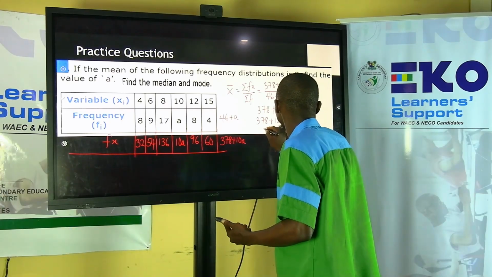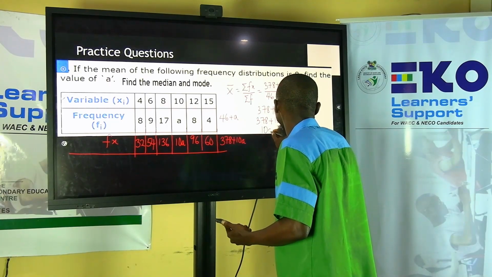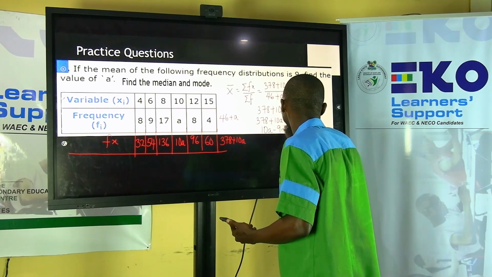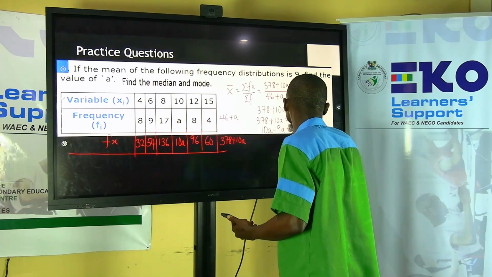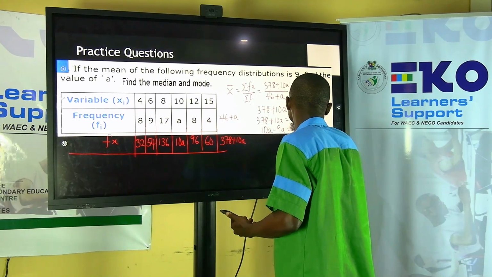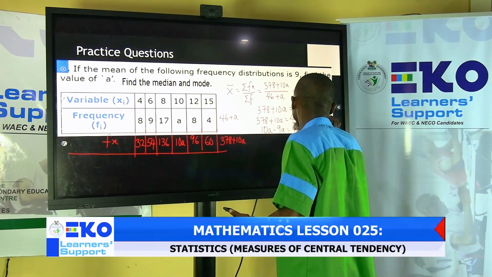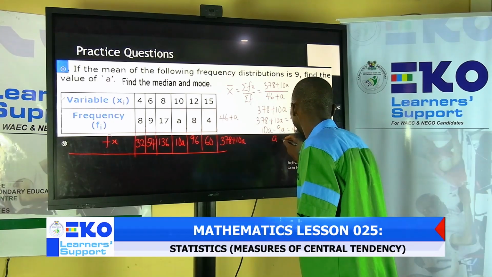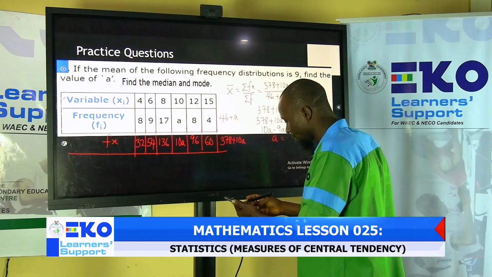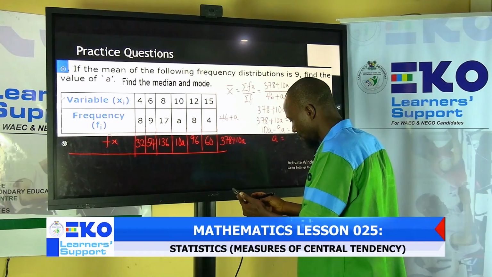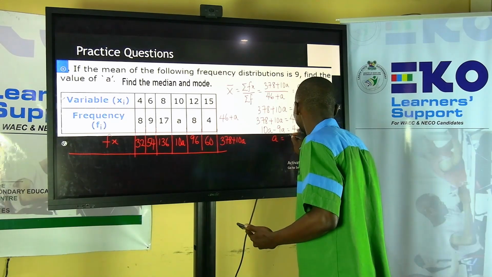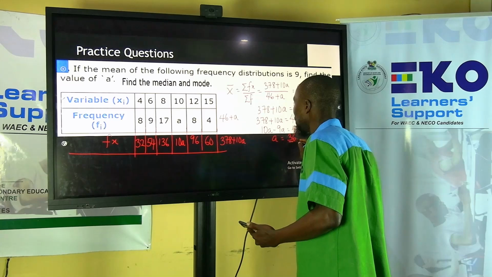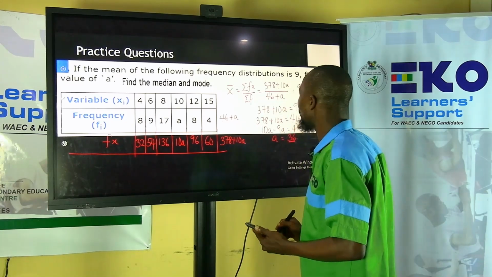If you collect like terms, we have 10a minus 9a equals 414 minus 378. So a equals 414 minus 378. That's 36. So the value of a is 36.